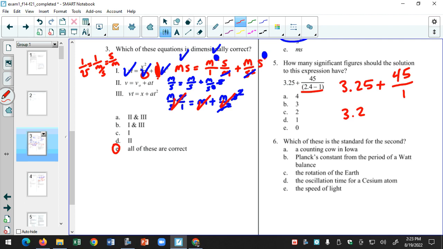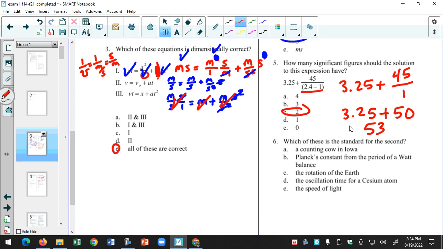What's that equal to? 50, right. I changed that to 50 because I'm keeping just one sig fig. When I multiply or divide, I keep the lowest number of significant figures, and when I add, I keep the lowest number of decimal places, so the answer would just be 53, and notice that has 2 sig figs.